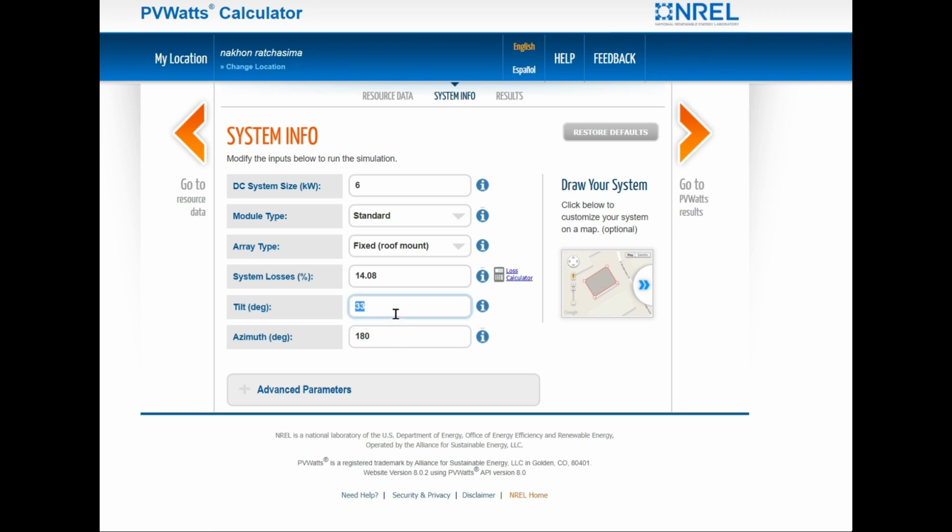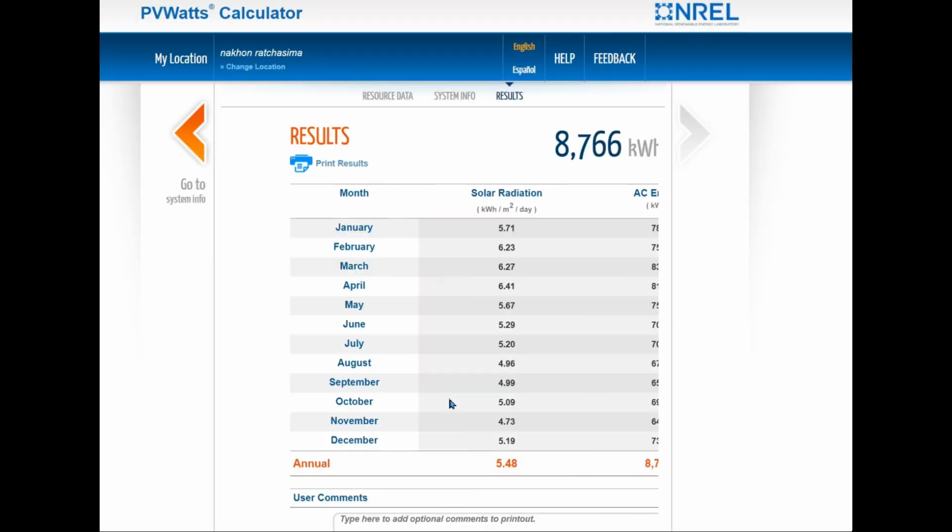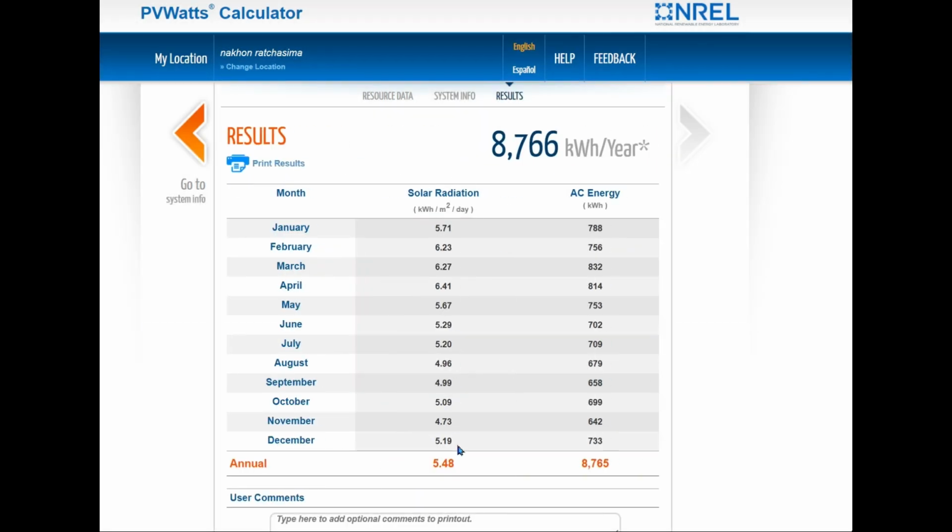And then let's do 10 or maybe even 8, just to make it easier to see the differences. So now the panels are more flat. Because the sun is low, you get less energy from flat panels, because the panels are not angled towards the sun as much anymore.